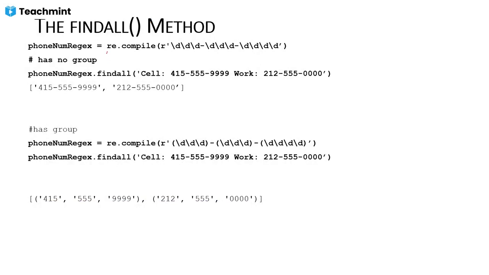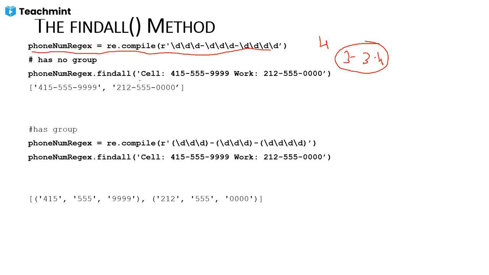In the first method, I'm using the compile method, which returns the pattern object: re.compile with the pattern. Here the pattern is for a US phone number, 3 digits, hyphen, 3 digits, hyphen, 4 digits format checking. So I formed the regular expression, which returns an object. On that, I'm going to call the findall function.